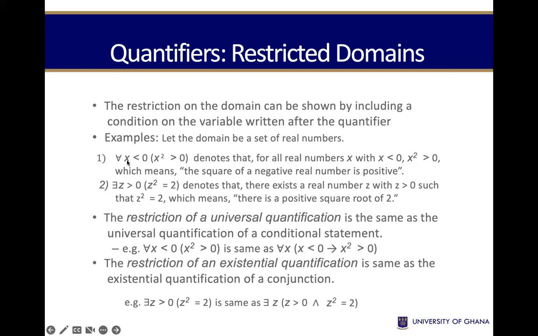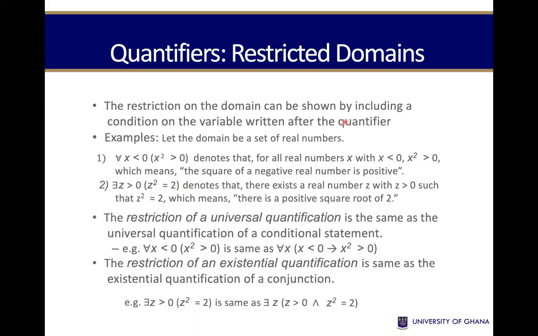And where is the restriction coming from? The restriction is coming from here. x is less than 0. Now let's look at this example. There exists a z which is greater than 0, meaning that the z here is positive. Now, z squared equals 2.